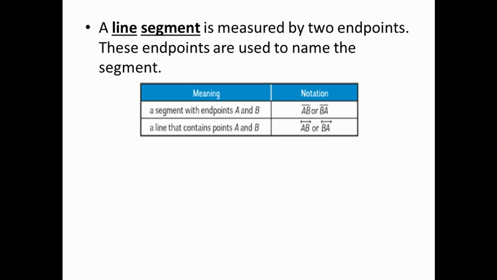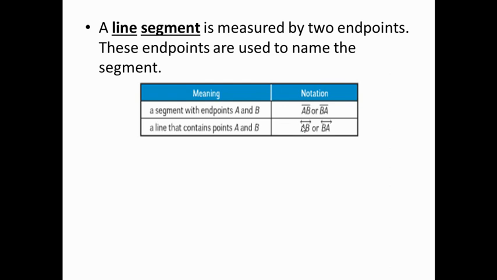Well, if you are specifically talking about a line segment, then the difference is notation. You see how the notation of a line segment doesn't have the arrows. If you are reading something and it says AB with a line on top with the arrows, that's indicating it's a line.